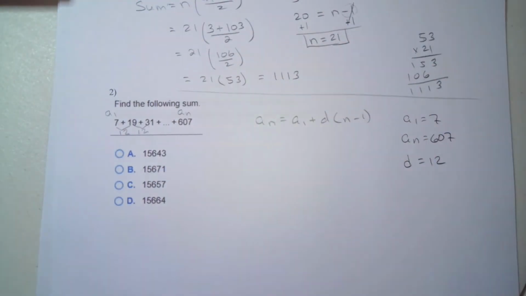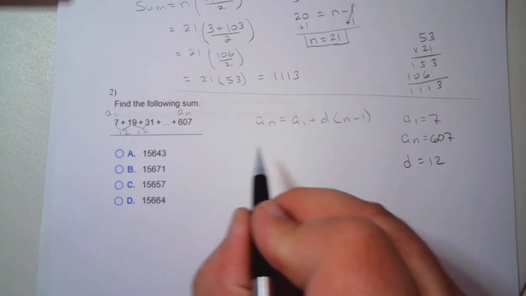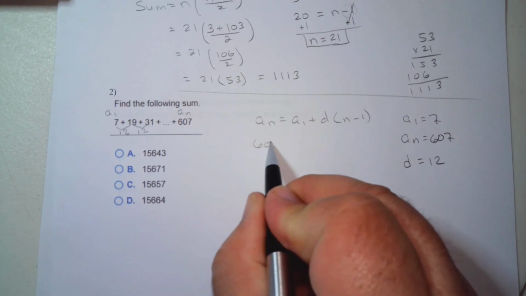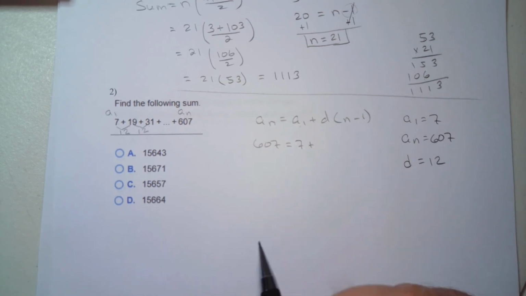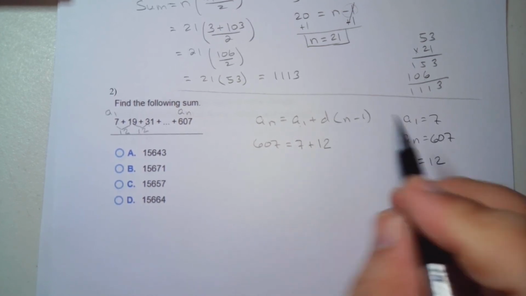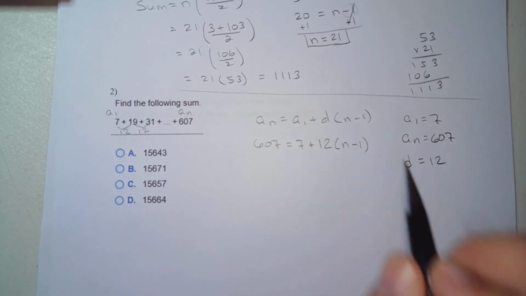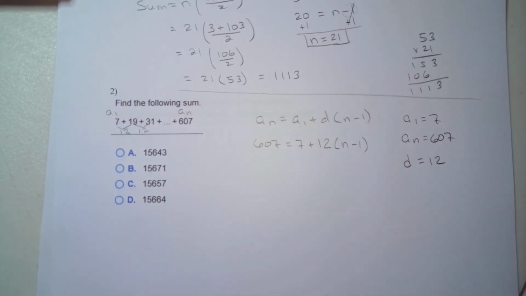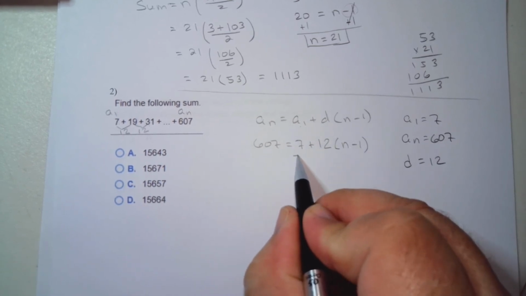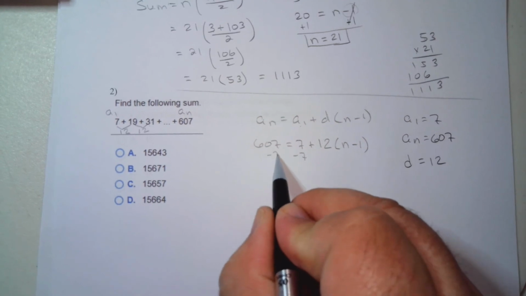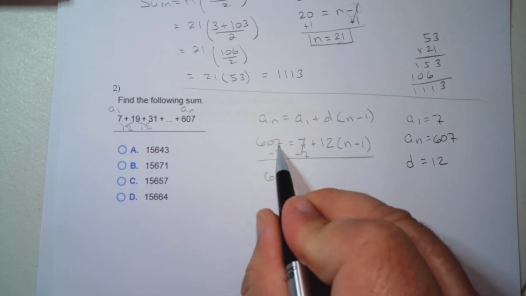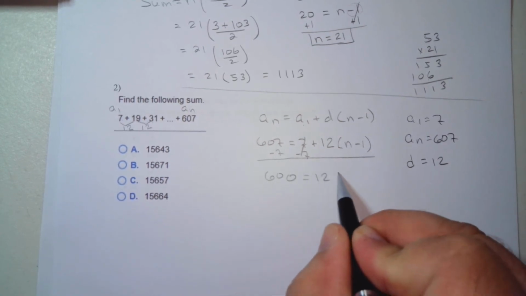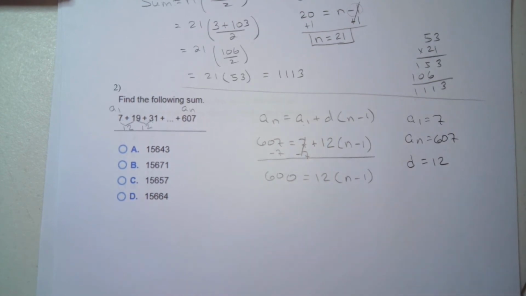So let's go ahead and plug them in, solve for n. So an is 607, a1 is 7, d is 12, n minus 1. Remember, we have to find out what n is. First, get rid of the 7. Since it's a positive, we subtract 7 from both sides. 607 minus 7 is 600, equals 12 times n minus 1.